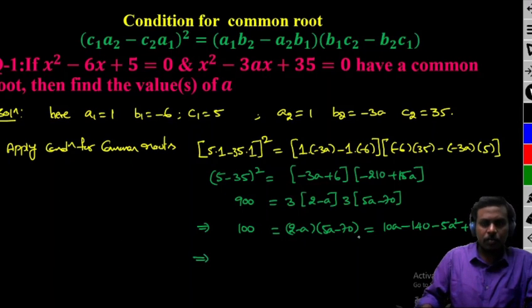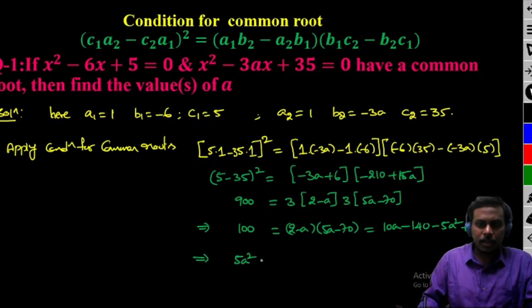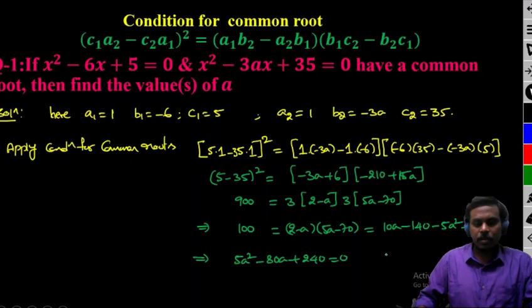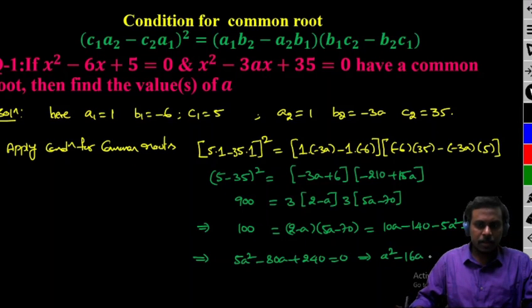So we rearrange the terms, we get 5a square minus 80a plus 240 is equal to 0. So in all these terms, you have 5 in common. So this implies if I divide it throughout by 5, I get a square minus 16a plus 48 is equal to 0.